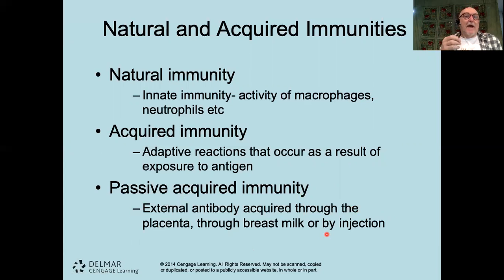But we can, in fact, manipulate that and try and extract antibody from somebody who has recovered from an illness like COVID and give that antibody to somebody who is in the early stages of the illness.